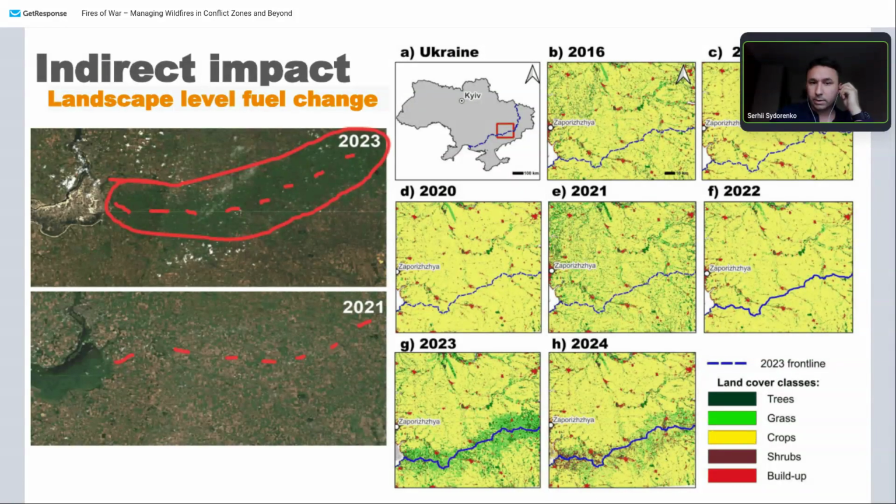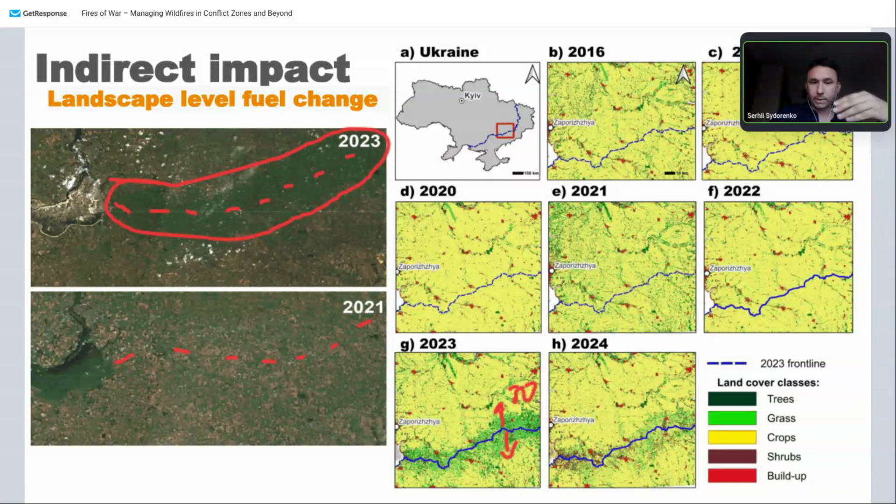On these maps on the right part of the slide, you see that croplands, agricultural lands, became abandoned, and we also analyzed and found that 40-45% of croplands were converted to grasses in a depth of 30 kilometers on both sides.